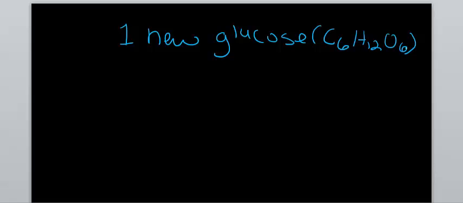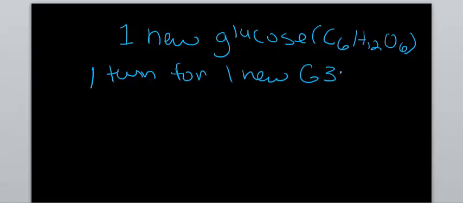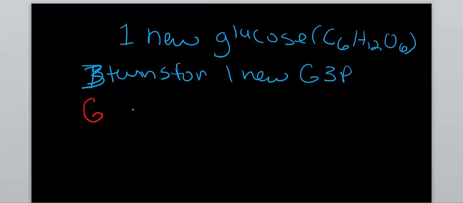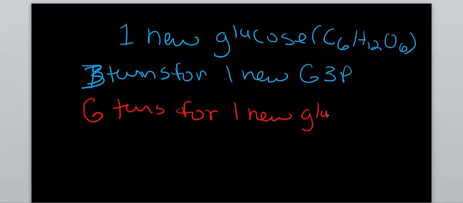So if you need 1 turn for 1 new G3P, which is 3 carbons, 3 turns, sorry about that, 3 turns, you would need 6 turns for 1 new glucose. Let's go back to the diagram.